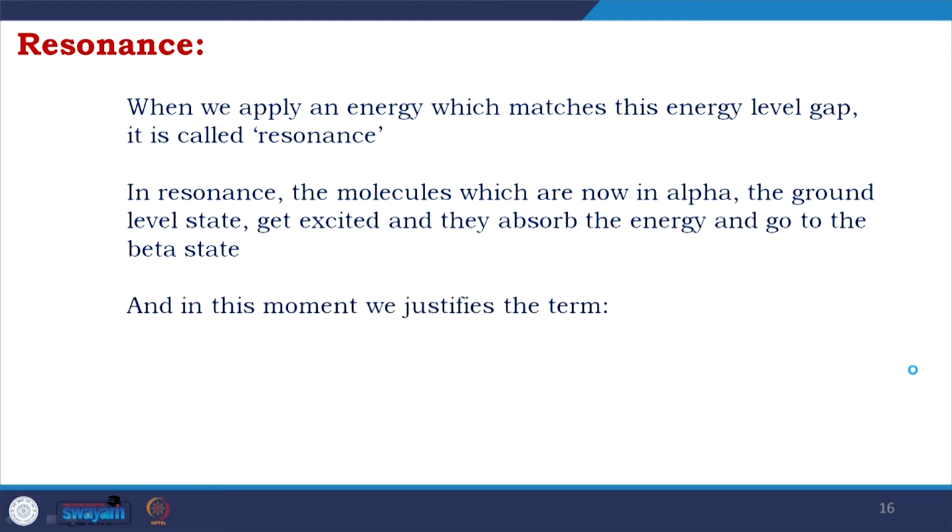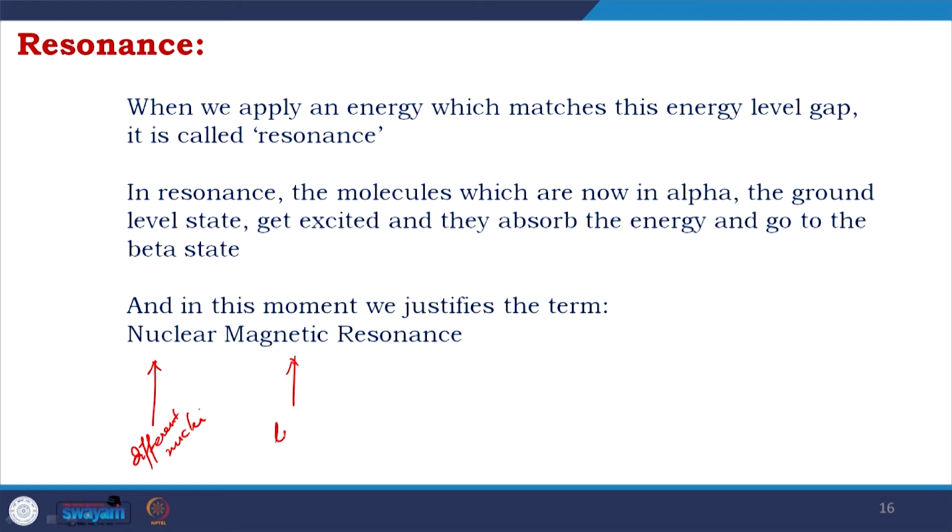And at this moment, we justify the term nuclear magnetic resonance, because we talk about different nuclei, and we talk about how these tiny magnets are formed because of charge coming from the proton and spin coming from the nucleon, and now we know the resonance, the matching of the gap.